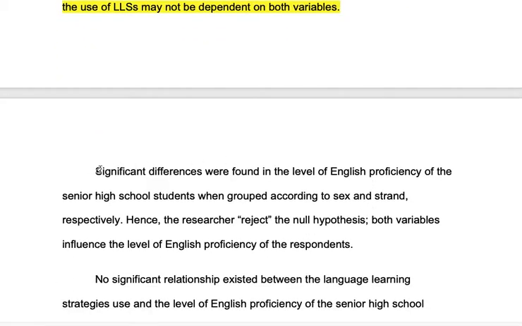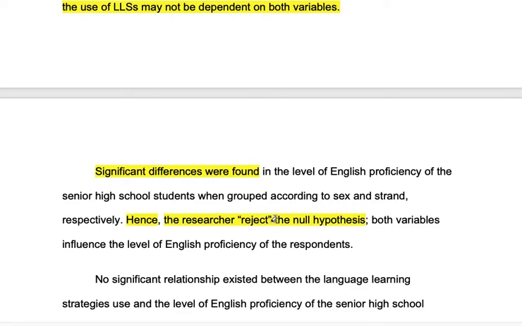Next, okay, this is in terms of English proficiency. There is a significant difference. What can you conclude as researcher? This time the researcher used the transitional device, hence the researcher rejects the null hypothesis. So meaning there is a statement telling if the null hypothesis is rejected or accepted or failed to reject.